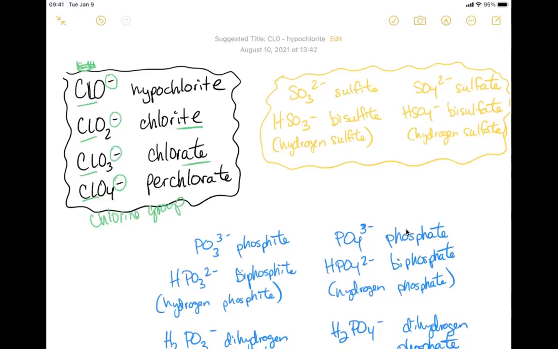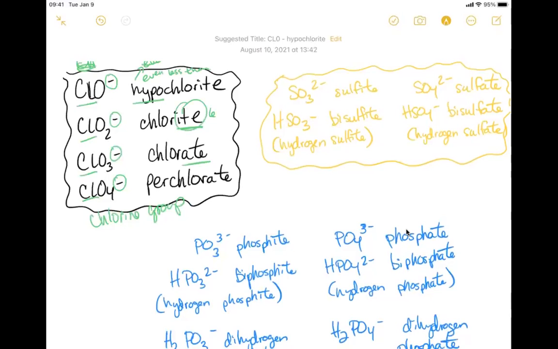Now the problem is, for the chlorine group, you actually have 4 ions. So chlorite and chlorate are the 2 in the middle. And then you have ClO minus, which has even less oxygen than chlorite. So we add the prefix hypo, which is basically even less than.